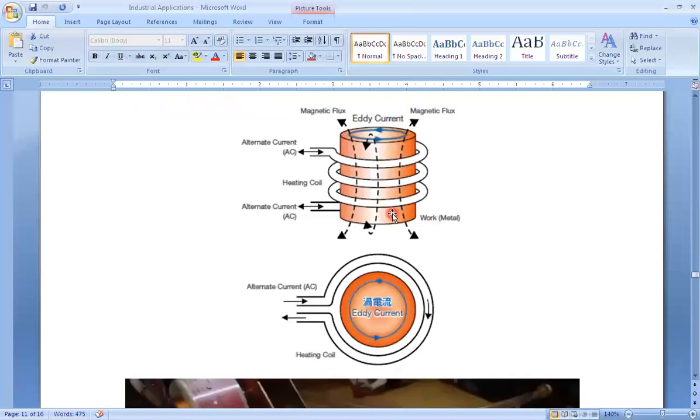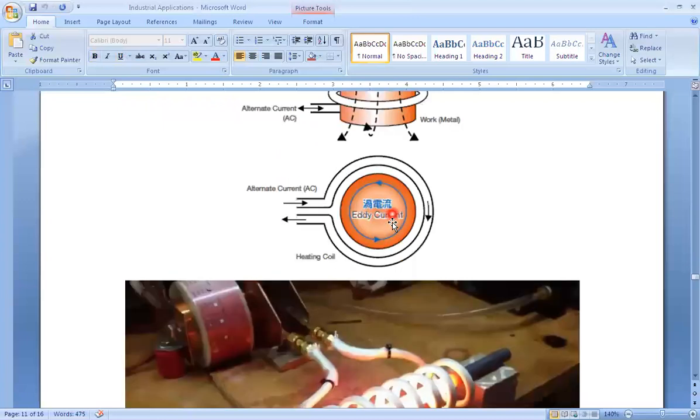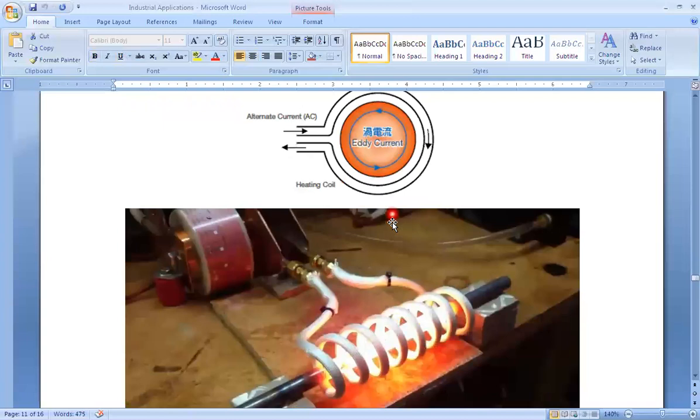Okay, but here, how to provide this controllable AC voltage so that we can mold this, or we can make the hard iron material. So this is a very simple circuit diagram.